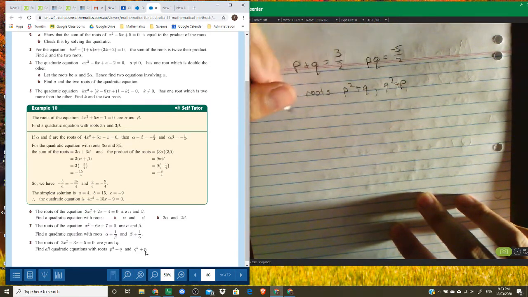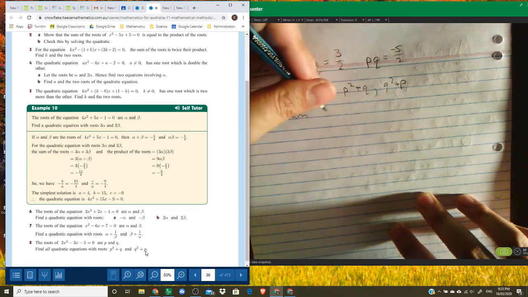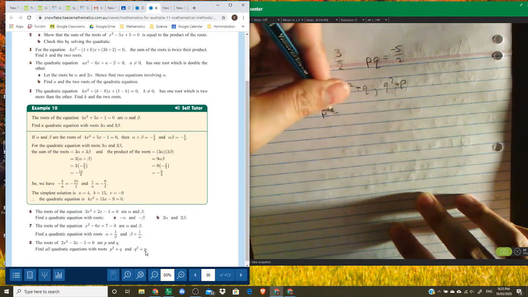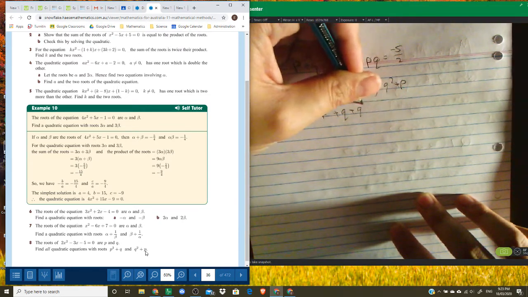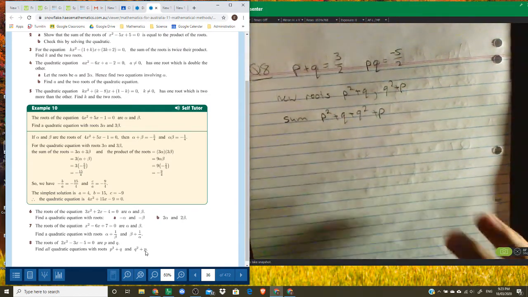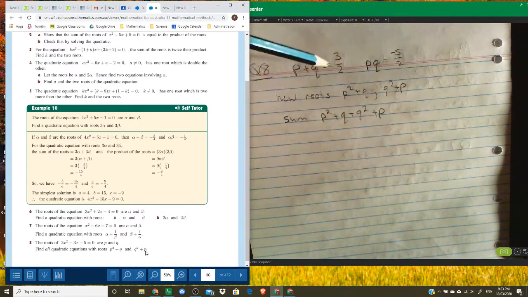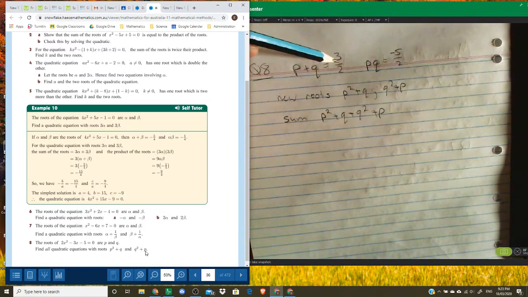All right, let's find the sum of those. p squared plus q plus q squared plus p. Now somehow we have to bring those two together to make that.